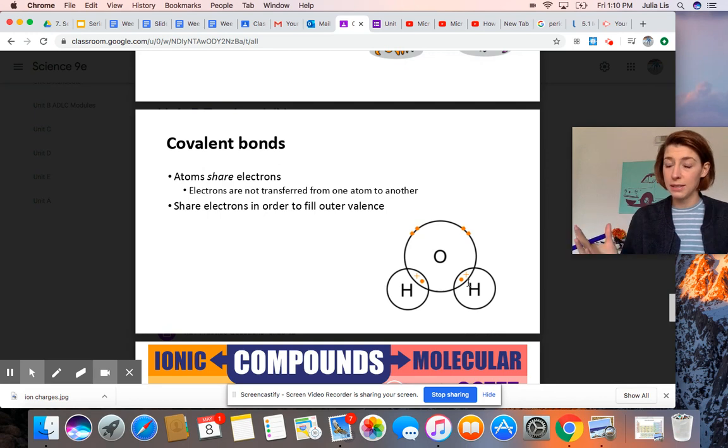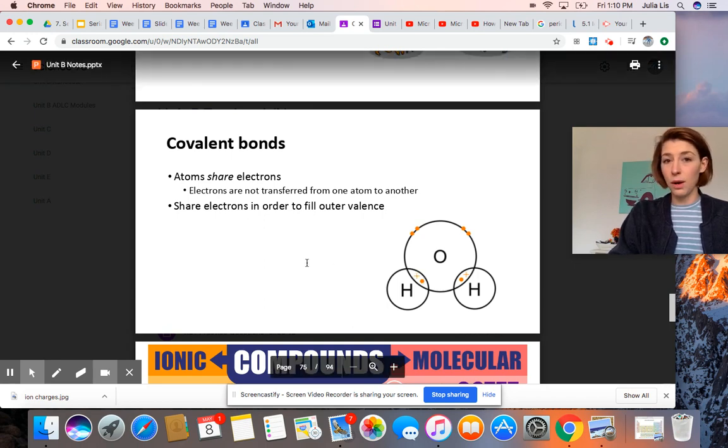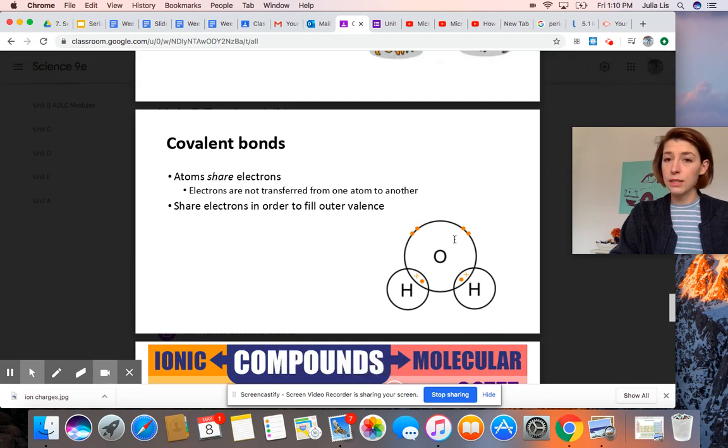So that would be considered full. And oxygen has 8 electrons. Okay, and so it'll agree to share its electrons with hydrogen in order to be full. And so that's what we call a molecular compound. You'll notice oxygen is a nonmetal, and so is hydrogen.